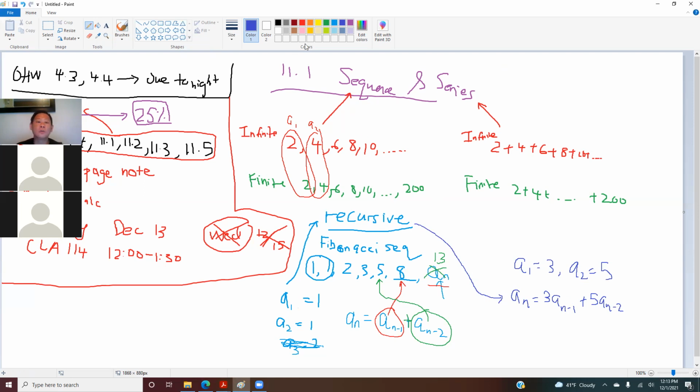Okay. So usually in your homework and in your test, if they give you a recursive sequence, they usually provide you the first 2 terms, and they want you to find what is A3 and A4. So does anyone know how to find A3 in this case?